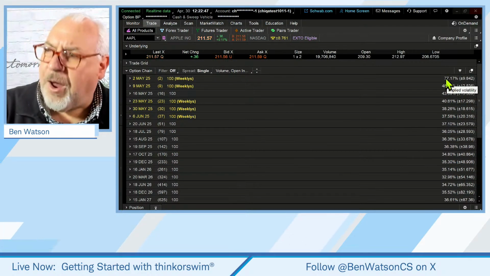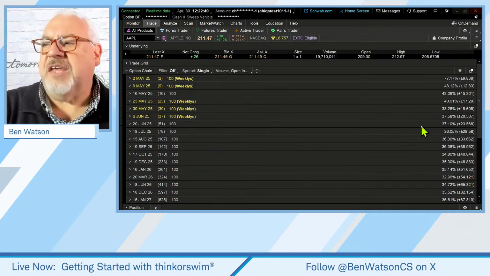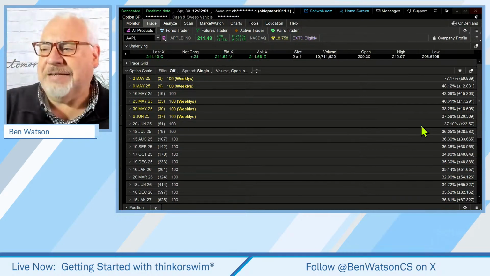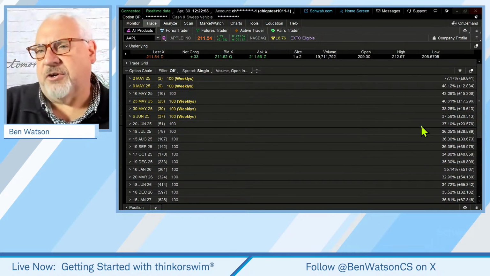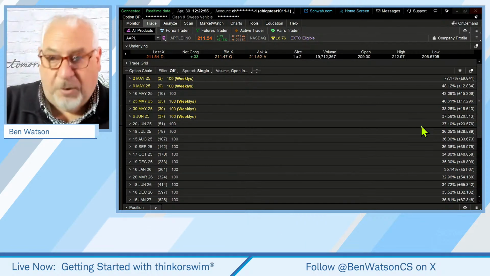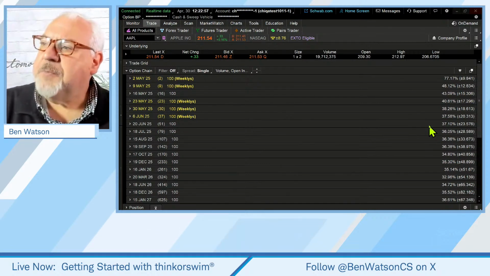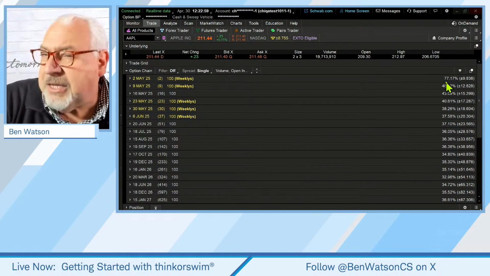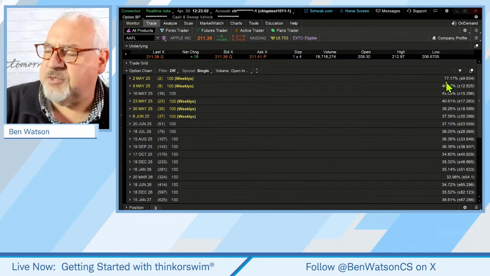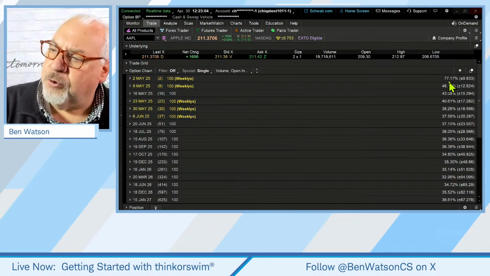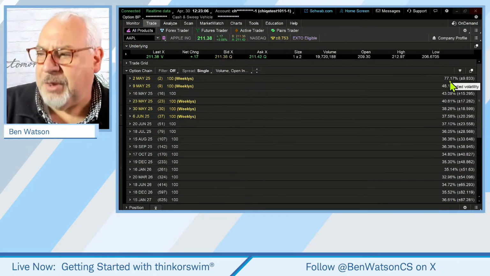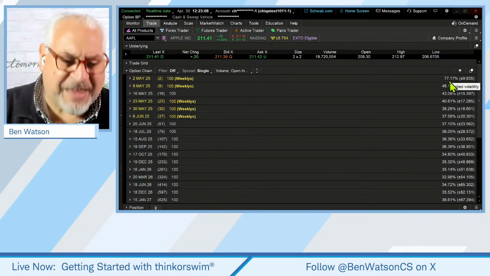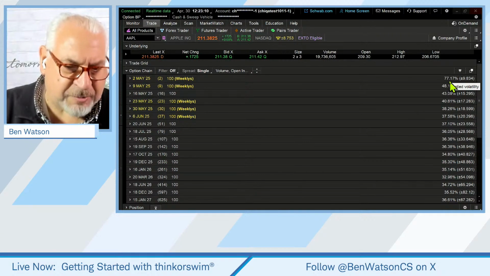There's a pretty good drop in implied volatility. Even if I didn't look at the chart and I did not know that there was an earnings announcement coming up tomorrow in the next week, I could probably get pretty close within the same expiration cycle by looking for where there is elevated implied volatility. That's going to tell me where that earnings announcement is.